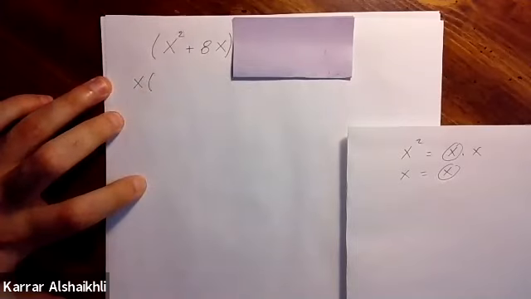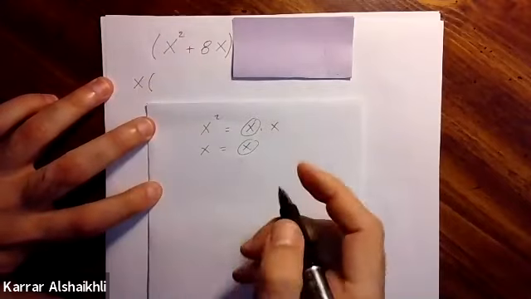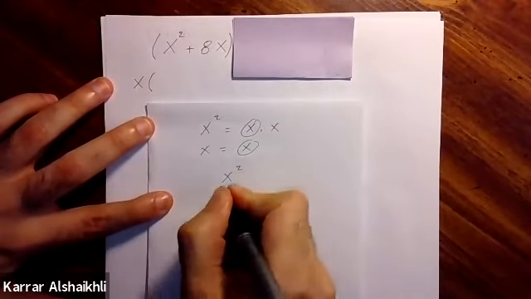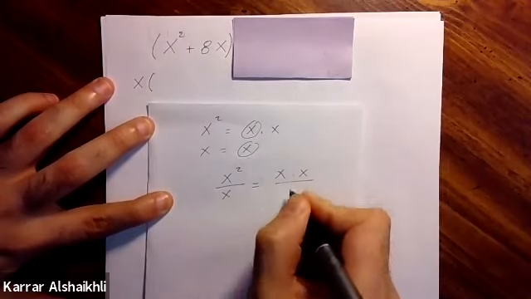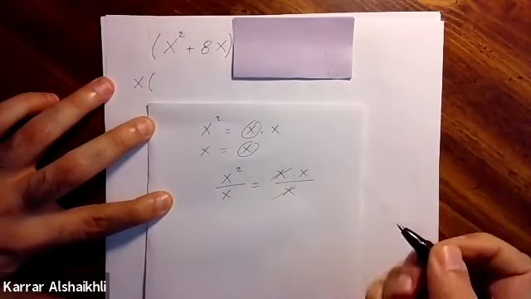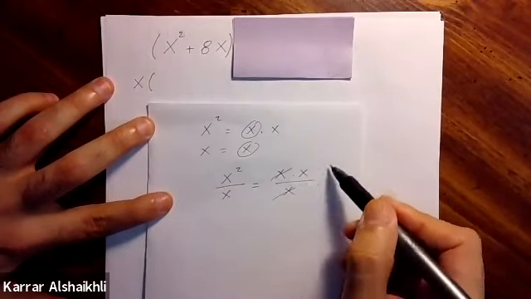Now I need to write down the leftover. Do it on the side. X squared divided by x. That means x times x divided by x. Cancel these two x's. What's the leftover? X. Write down the x.